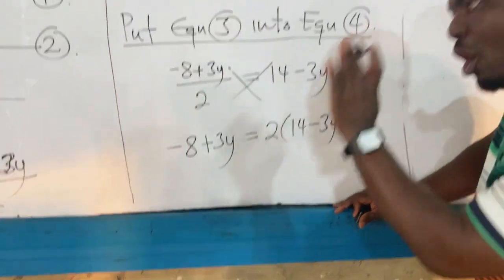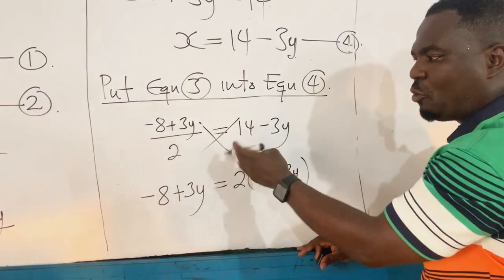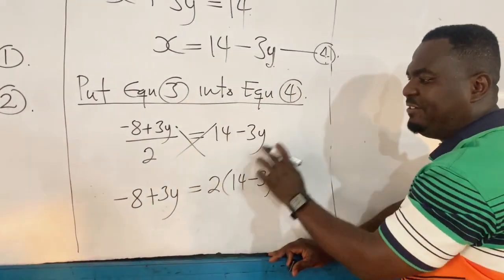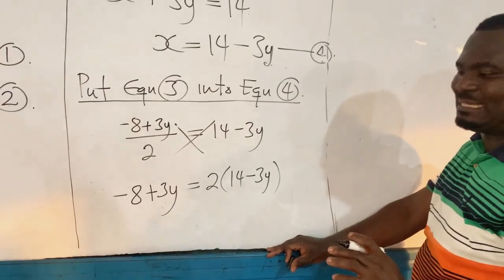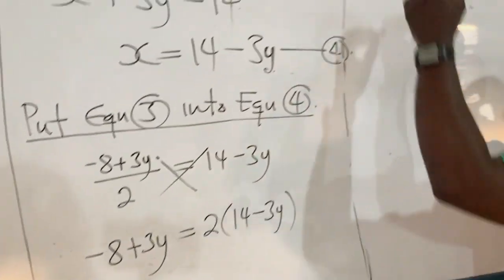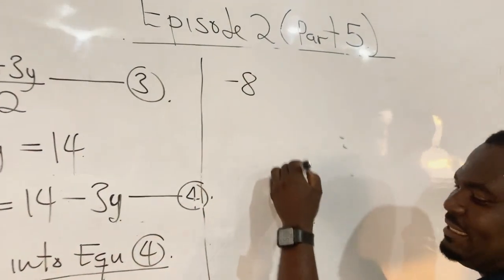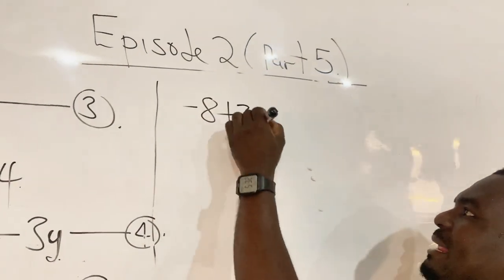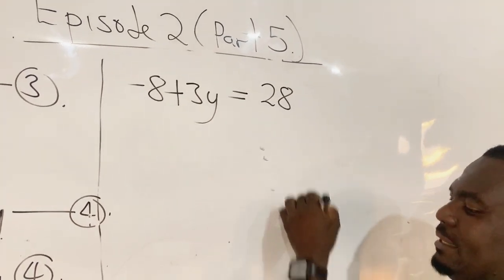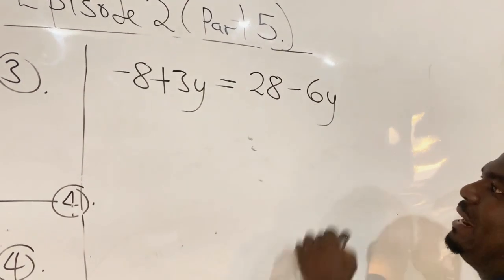You can choose that, or you can choose to go by cross multiplication by using this 2 here to multiply everything here, and this is what we are getting. So from here we are going to get negative 8 plus 3y equal to 28 minus 6y.